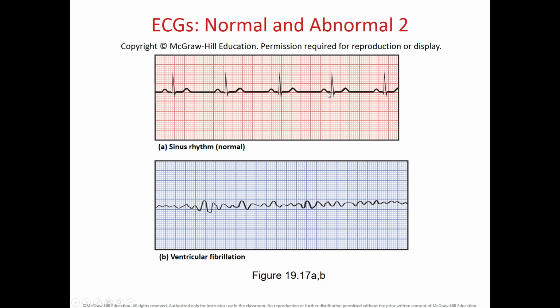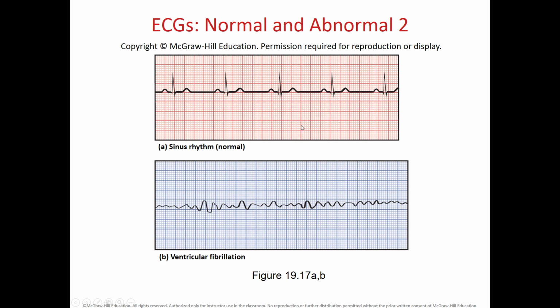So what will be the heart rate in this case? Divide 300 by 5. And let's see how many beats per minute you got. Okay, so if you have 60, that will be the approximate heart rate, because if you divide 300 by 5, that will give you 60.